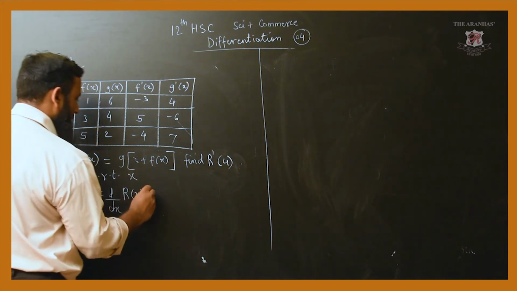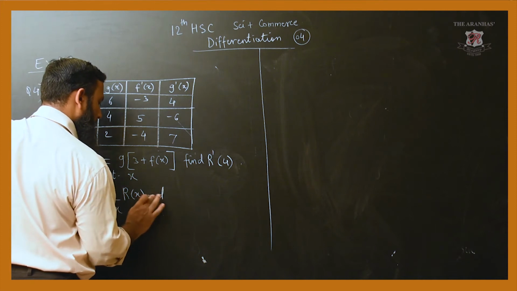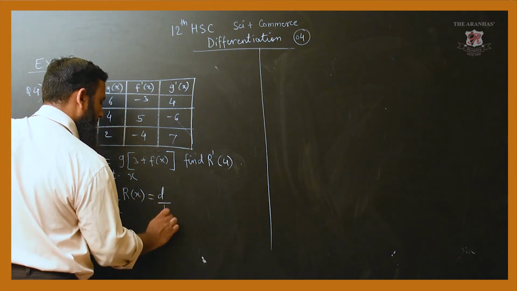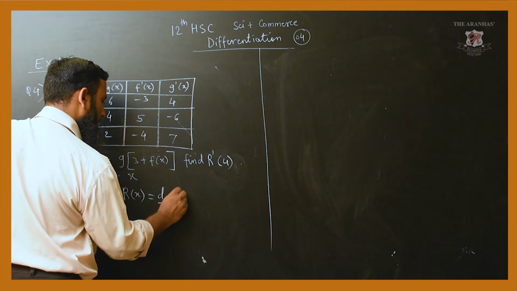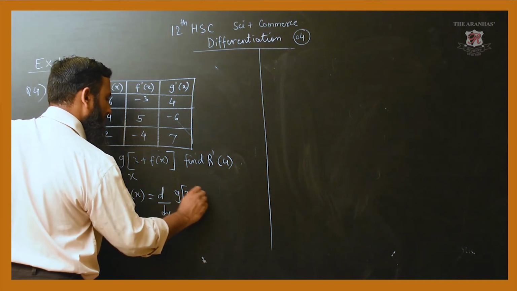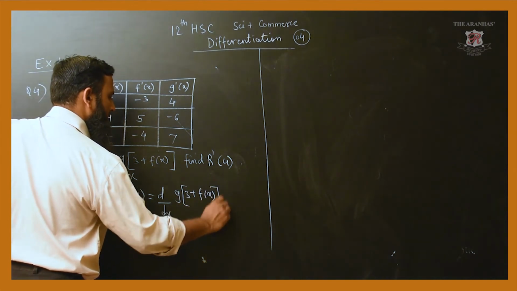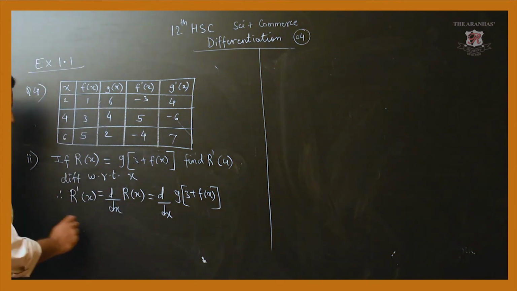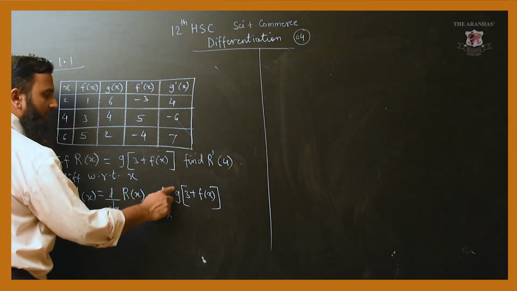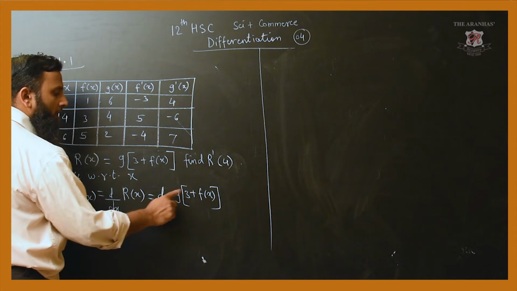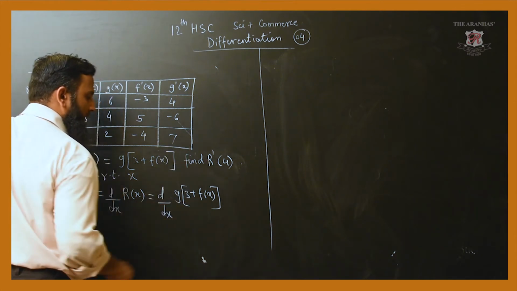And instead of r of x, I will put all these values. So it will be d by dx of g of bracket 3 plus f of x. Now what have I taught you? First take the derivative of the outer term and then we need to go for this.